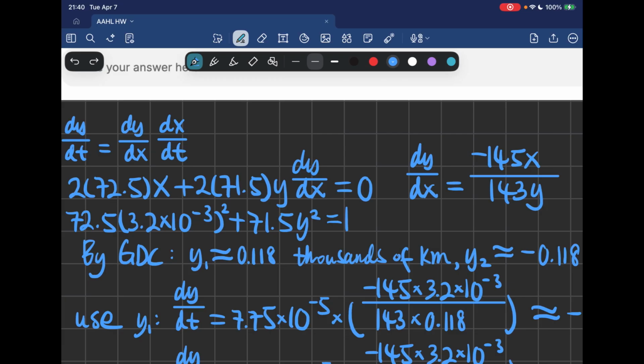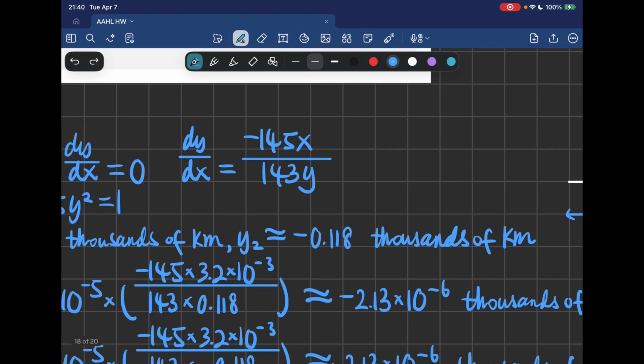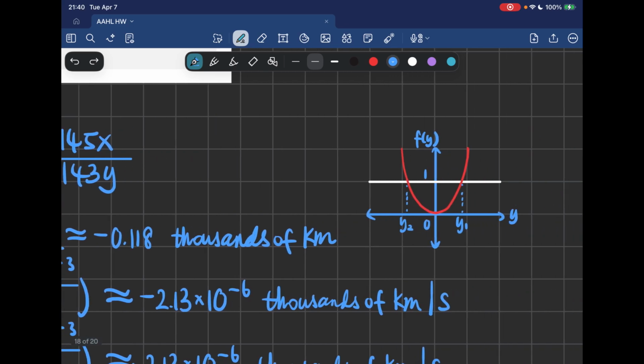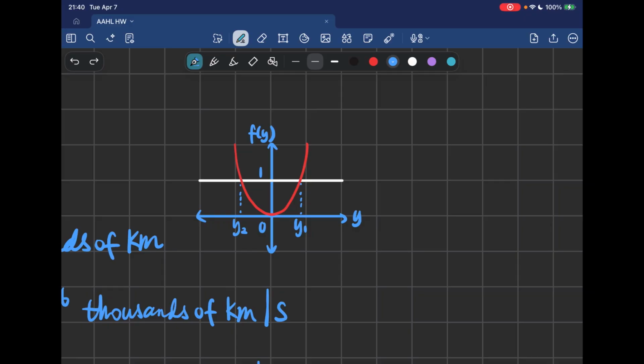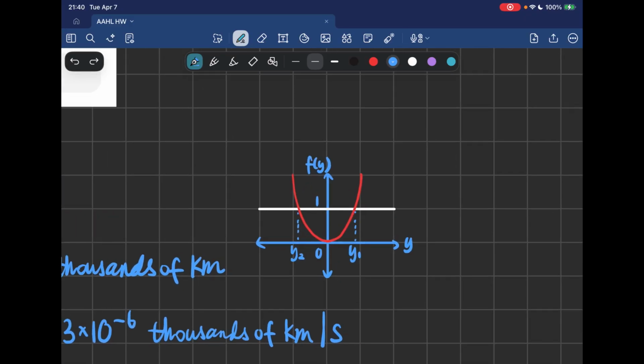So it naturally yields two possible solutions for y because it's a degree of 2. By GDC, you have y1 equals 0.118 thousand kilometers and y2 equals negative 0.118 thousand kilometers. And here is what my GDC shows. The line is y equals 1, and when y equals 1, there are these two possible y values intersecting with it.